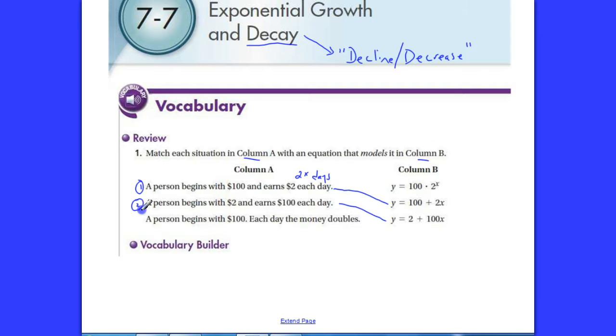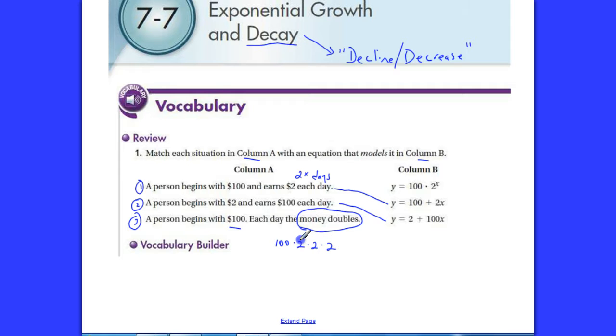And so obviously we know the last one is going to be the first, but I'd like to talk through it, and please listen carefully. If you begin with $100 a day, but then every day the money doubles, that means you're getting 2 times whatever you have before. So you have $100, and then the first day you take that times 2. And then the second day you take that value times 2. And then the third day you take that value times 2.